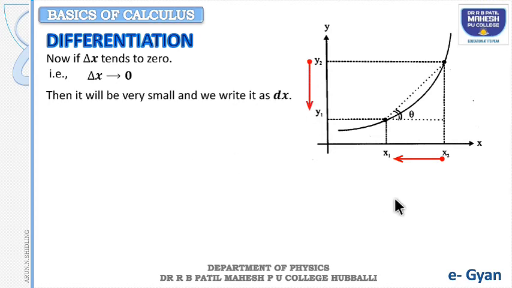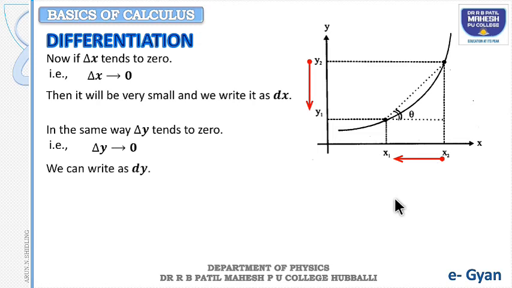So you can have a look at it here. I mean to say that delta y also should tend to 0. If it is tending, then I can write it as dy. What I exactly mean by that is, I am trying to make this triangle appear like a small dot.